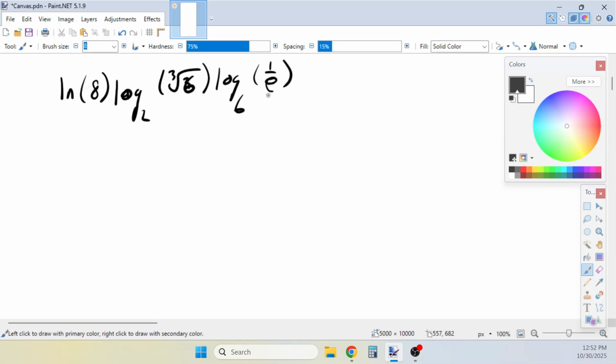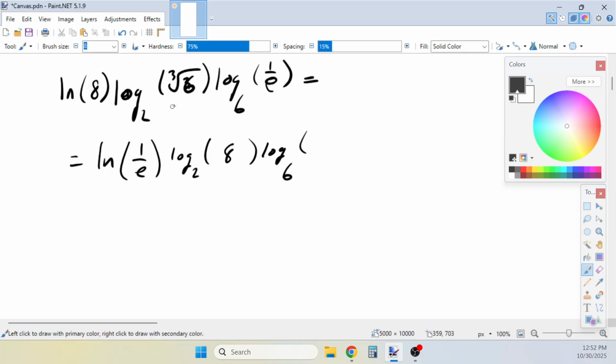What's really fun about logarithms is when you have a bunch of logs being applied together. Which log has to do with e? We can rewrite this as natural log, so let's put 1 over natural log. And log base 2, well, 8 is a power of 2 here. And log base 6, well, this has to go. So I just shuffled around the arguments, that is the insides of the logs.